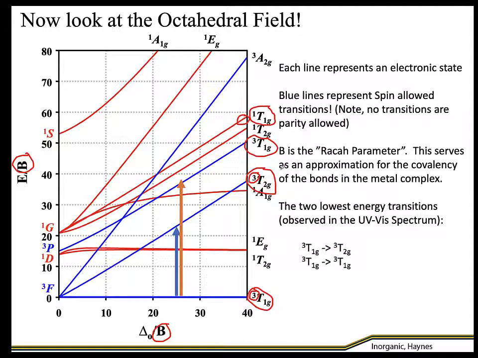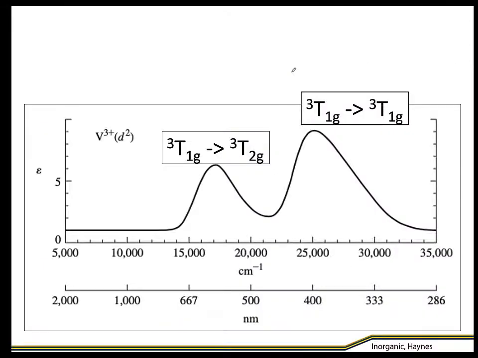And we would expect to see potentially a third transition to that triplet A2G state. In theory, we could calculate what this value would be, the energy required to get up here, and we'll get to that in a little while. But for right now, we can see we have these two different transitions. So if we go back to that absorbance spectra that we had, we can actually assign these two different peaks.